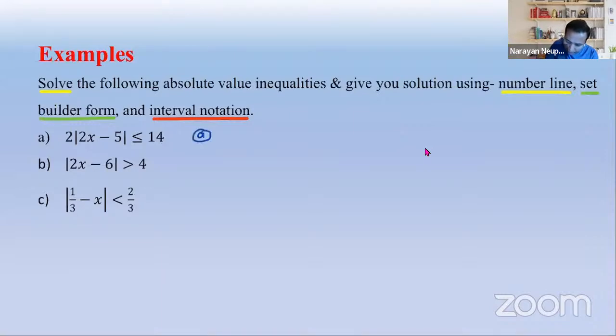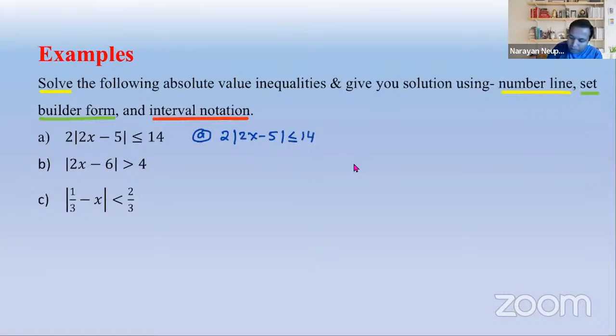So here in A, we have 2 times the absolute value of 2x minus 5 is less than or equal to 14. So we have less than there. Okay, this inequality contains less than.